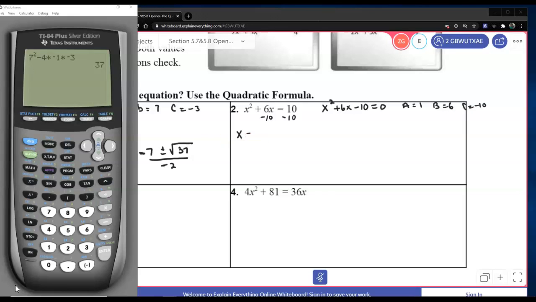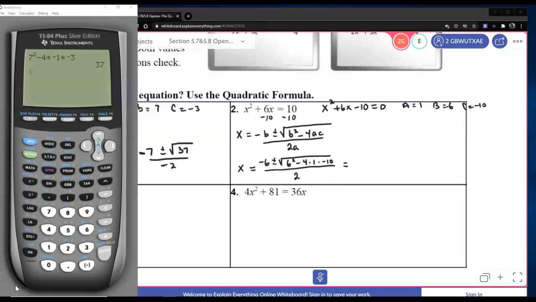The formula is -b plus or minus the square root of b squared minus 4 times a times c, divided by 2a. So we have x equals -b, -6, plus or minus the square root of 6 squared minus 4 times 1 times -10, divided by 2 times a, which is 2.